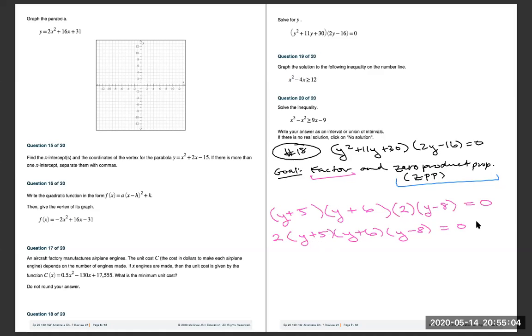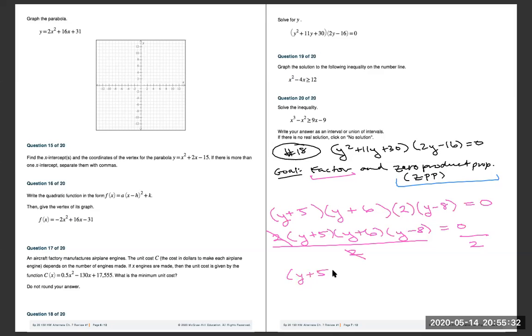Remember, zero product property states each of your factors individually can be equal to 0. For the 2, essentially, if there's no y term in your factor, you will not set it equal to 0. You can kind of think about this step like I'm going to divide 2 out from each side.